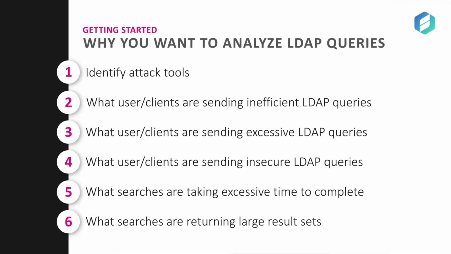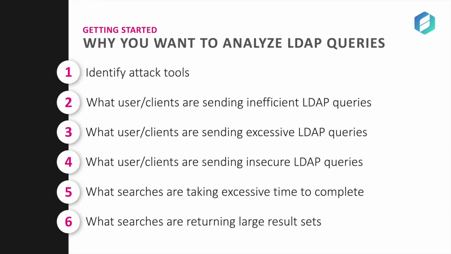The reasons why customers want to look at LDAP activity vary, but most commonly it's to identify attack tools such as Bloodhound or Metasploit, or they might want to gain some levels of efficiency out of LDAP activity. So identifying inefficient queries, excessive queries like excessive volume from a particular host, identifying insecure queries, which is something we're all focusing on with changes Microsoft has coming for us in the second half of the year.